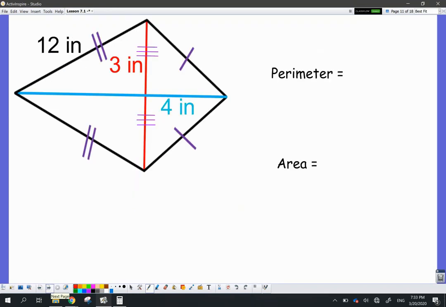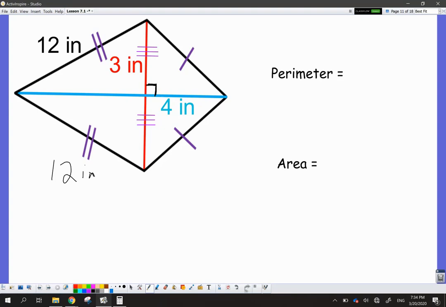Now again, a little bit tricky here because for perimeter, we're missing some of these sides. Because I know that this is 12 and these two are congruent, then I know that this one will also be 12 inches. But to find the other one, I have nothing else to go on. But one property I remember from kites is that their diagonals are perpendicular.